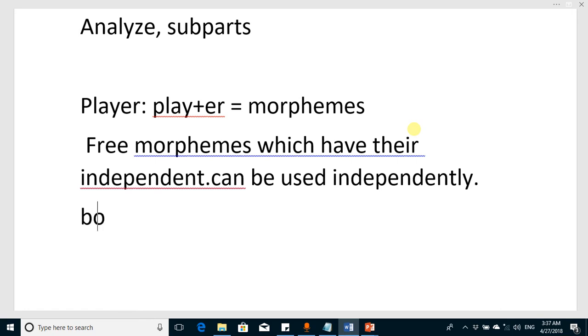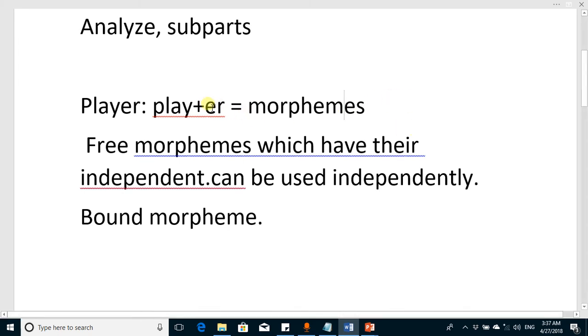And the bound morphemes are those morphemes which cannot be used independently. They are used just to change or enhance the meaning of the free morpheme. Like er here cannot be used independently. It was used just to change the meaning of this verb play.